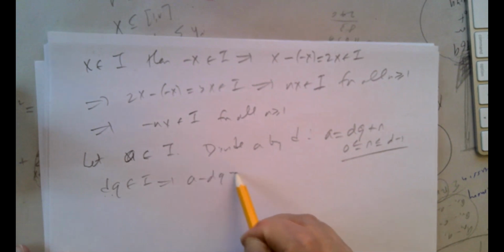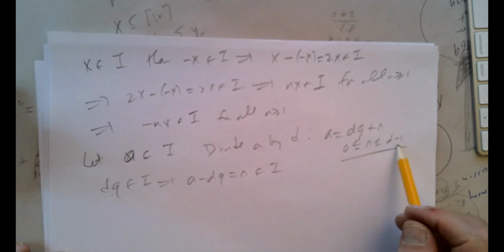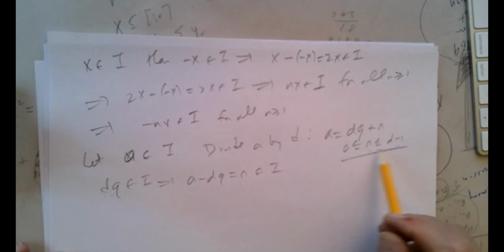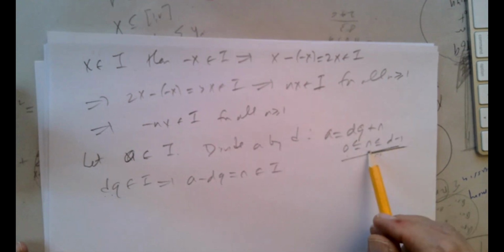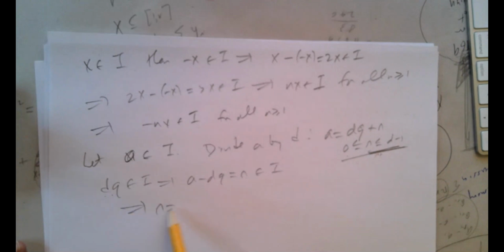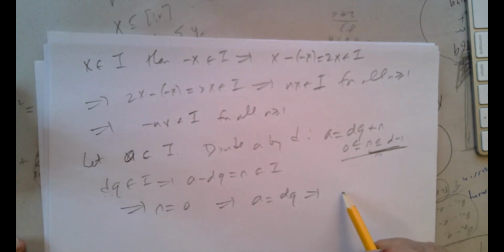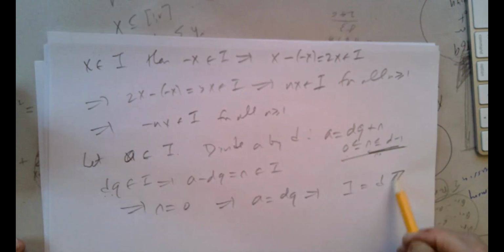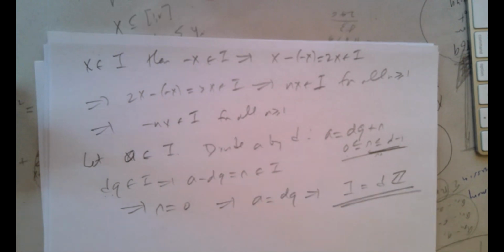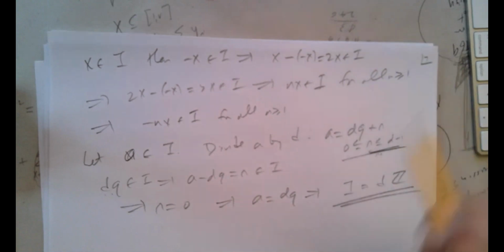So A minus DQ, which is R, is in I. And R is between 0 and D minus 1, but D is the smallest positive integer in I. So R is smaller than D, it can't be positive. So R is 0, and A is equal to DQ, which means every element in I is a multiple of D. And that's basically the proof.